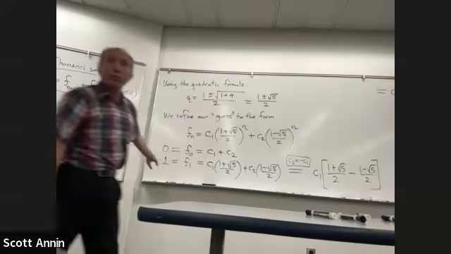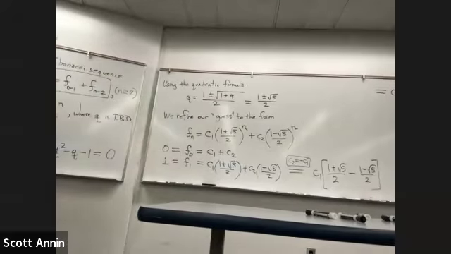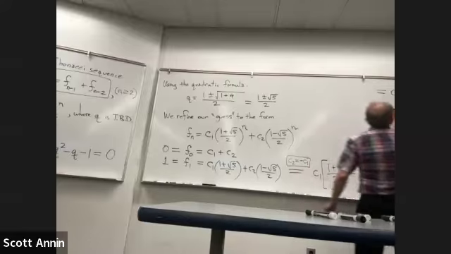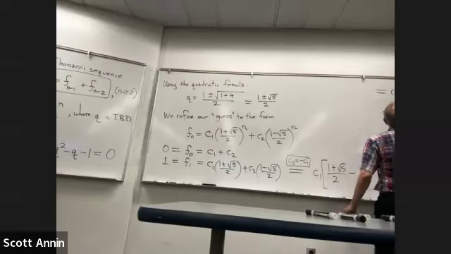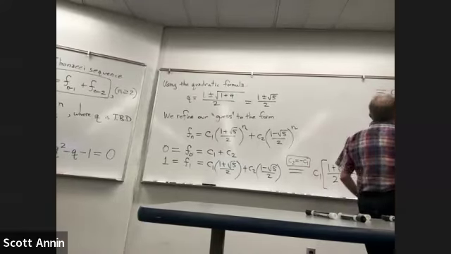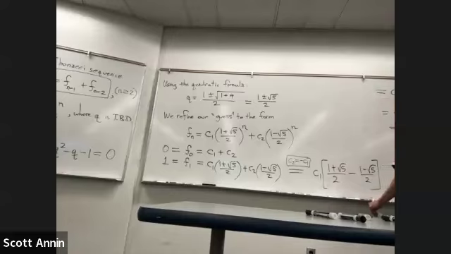This is all still equal to 1. And so this is just the square root of 5 times C1. So from there, we find out that C1 is 1 over the square root of 5, and C2 is negative 1 over the square root of 5.